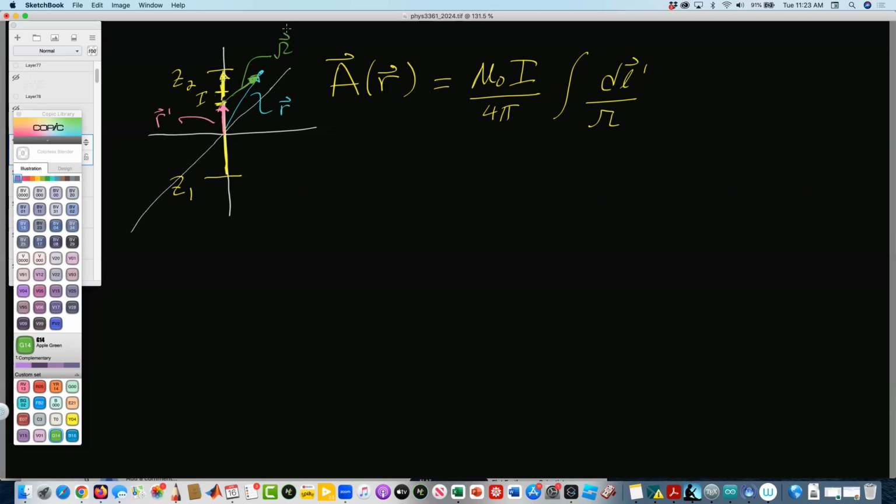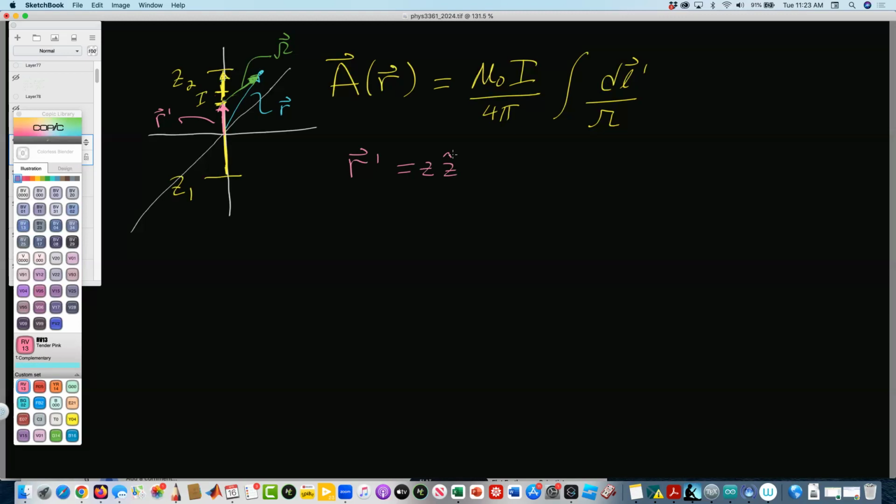So we can use the pedantic approach as usual, which I prefer. We're going to write down r prime, which is just z hat. That's easy. r is just in the direction r hat.